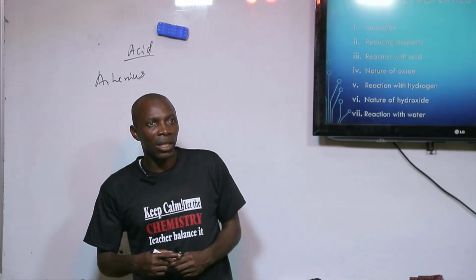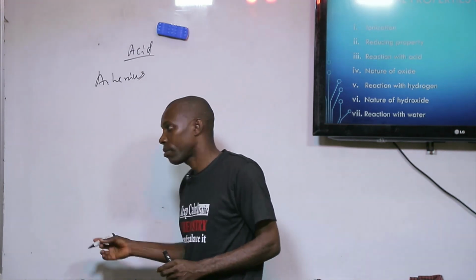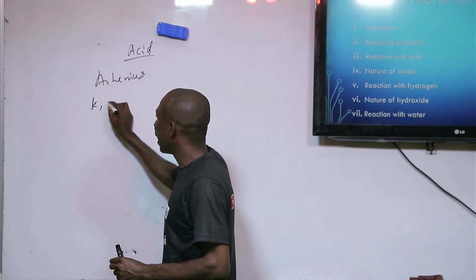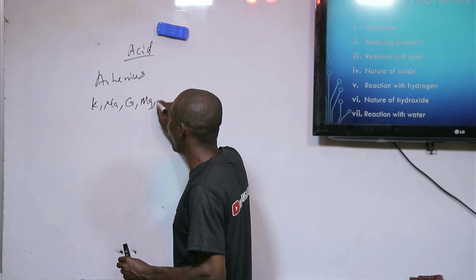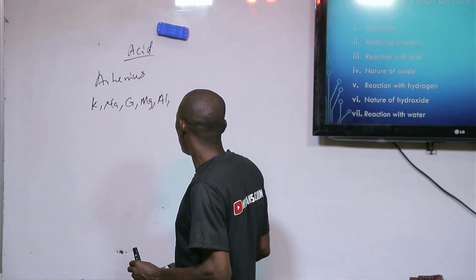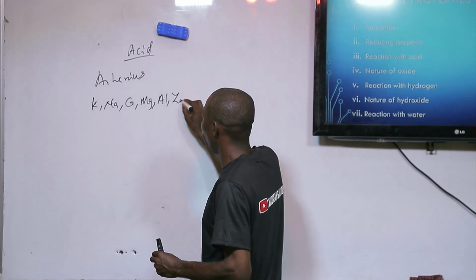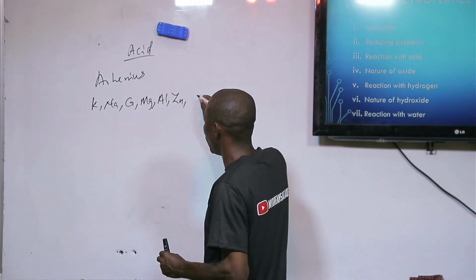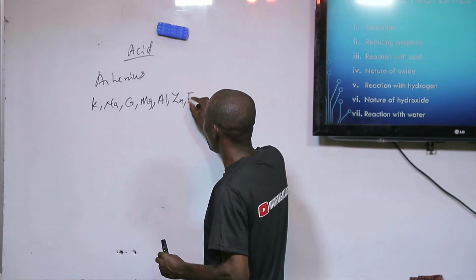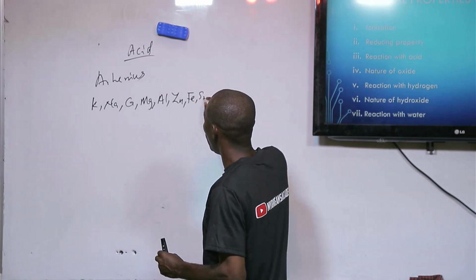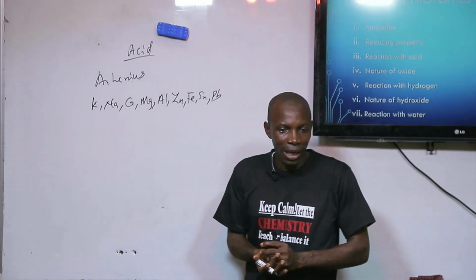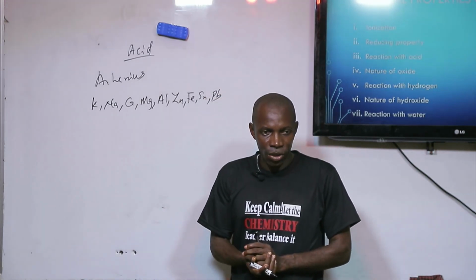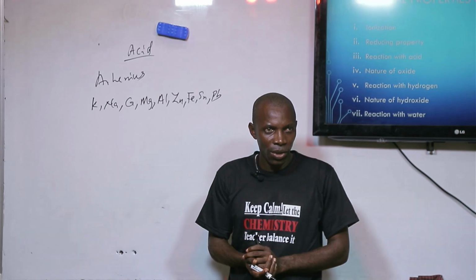Now from the electrochemical series, most metals that are above hydrogen will displace hydrogen from dilute acid, giving salt and hydrogen.